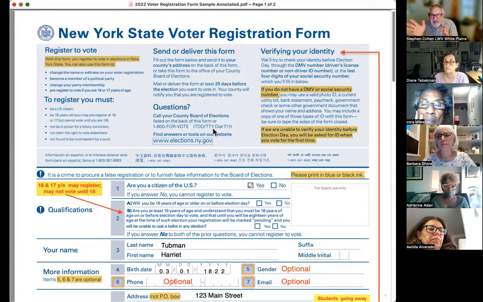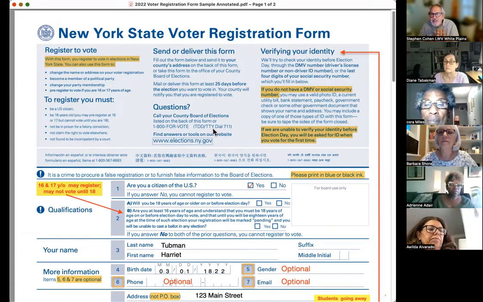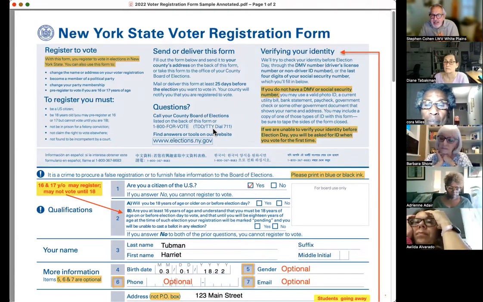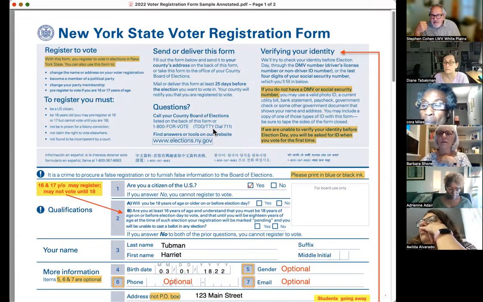Okay, so if you do not have a DMV or social security number, you may use a valid photo ID, a current utility, a bank statement, a paycheck, a government check, or some other government document that shows your name and address. Now this says if you're mailing it in, you may include a copy of these types of ID with the form. And this is the important one because we're going to collect the form from them.